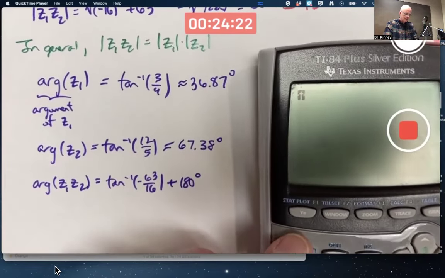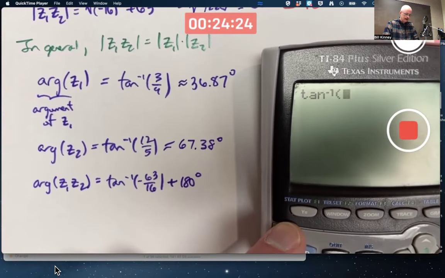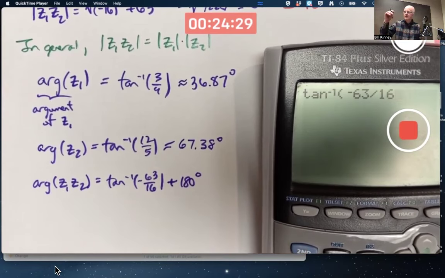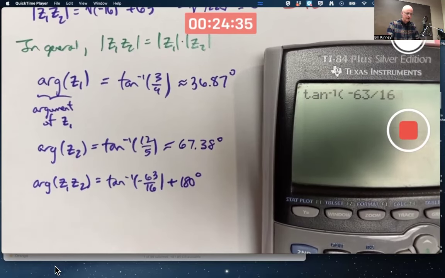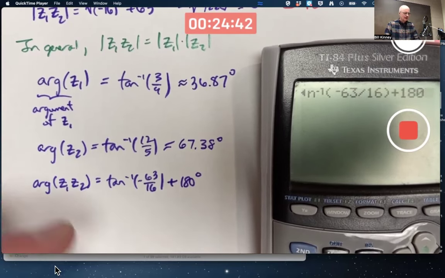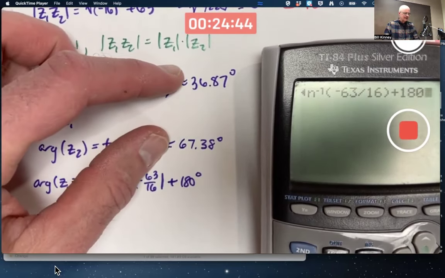Inverse tangent of -63 over 16. The 63 comes from the imaginary part, the 63i, and the -16 comes from the real part. I put the negative sign in front of the top here in the calculator, it doesn't matter. Plus 180. When I enter this, I should get the sum of these two, which is going to be what?